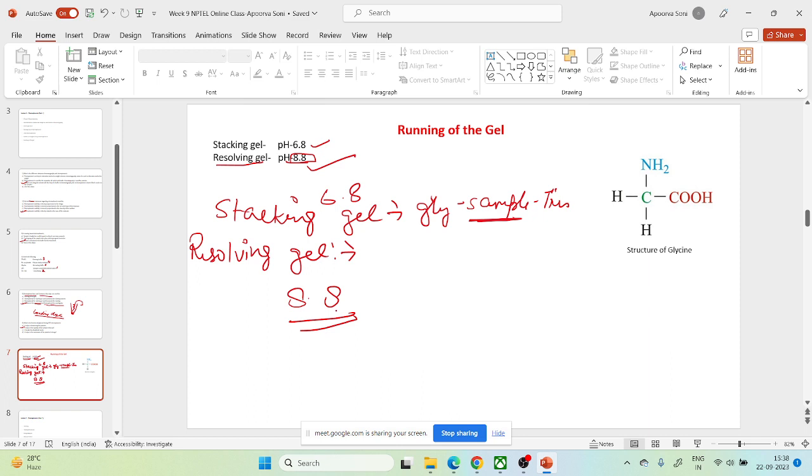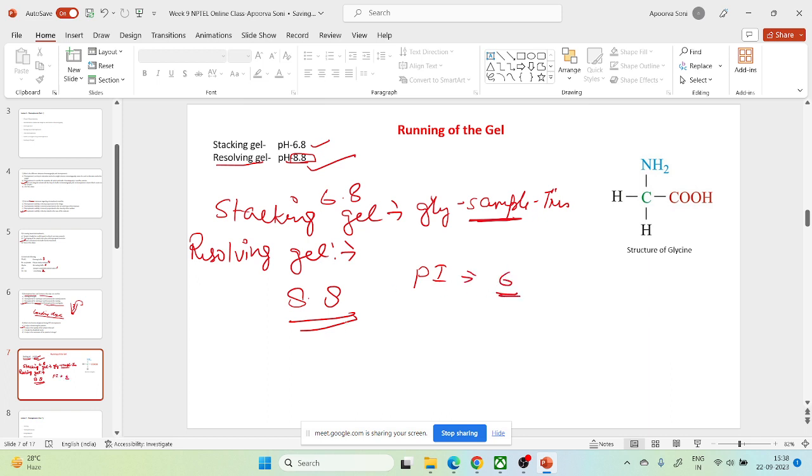So different amino acids have different isoelectric points. If we talk about glycine, the isoelectric point of glycine is somewhere around 6.